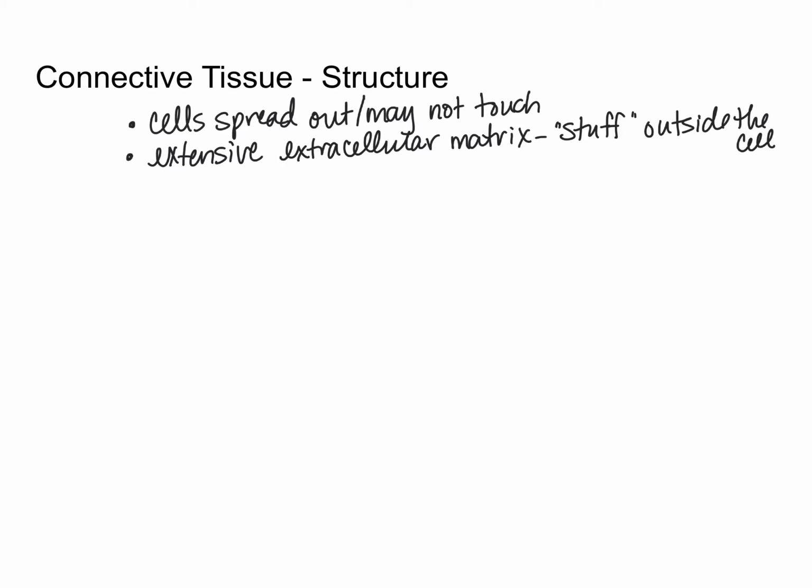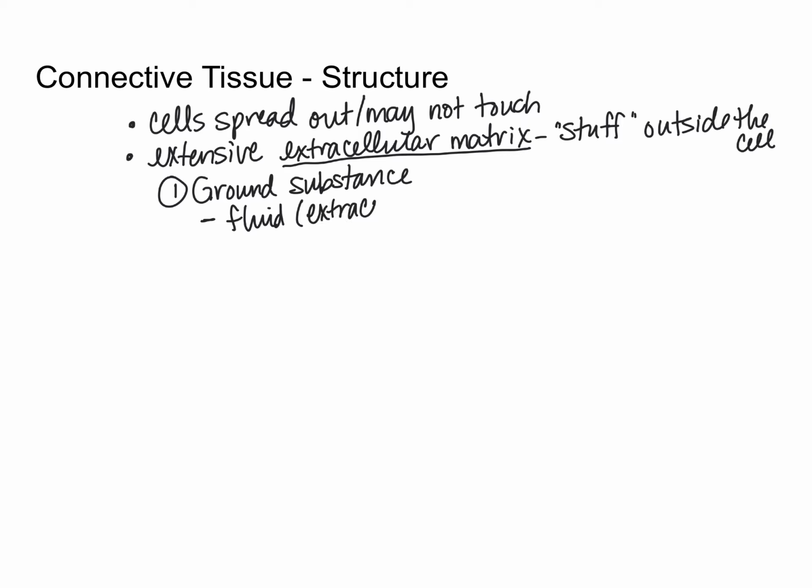Now, there are two components to the extracellular matrix. There is what we call the ground substance, and the ground substance is often fluid or a liquid of some sort. And so this would be the extracellular fluid that we've talked about before. But sometimes the ground substance also takes on different structures.